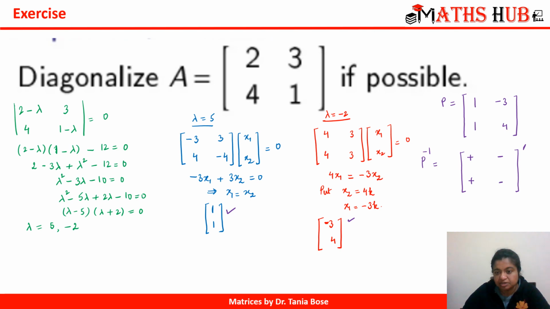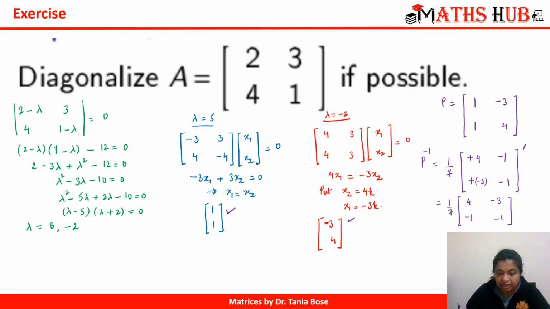What is the determinant? 4 minus minus 3, so it is 1 by 7. Then we have 4 over here, then 1 over here, minus 3 over here, and then 1 over here. So that leads to 1 by 7; let's take the transpose. So it is 4, minus 1, minus 3, minus 1, right?